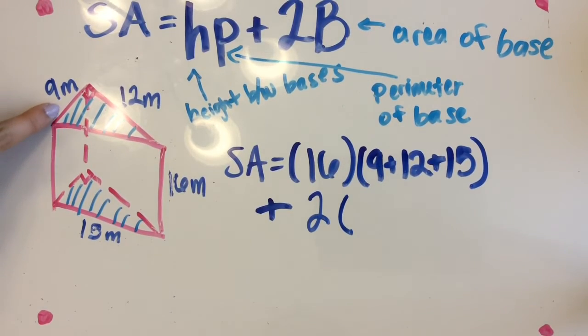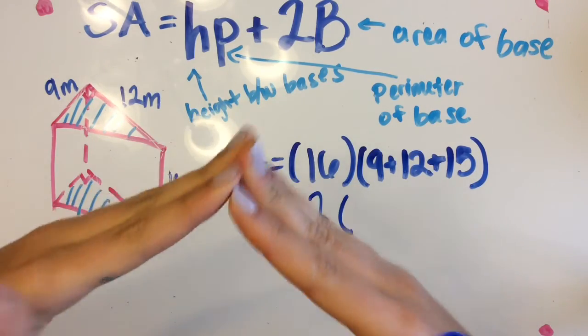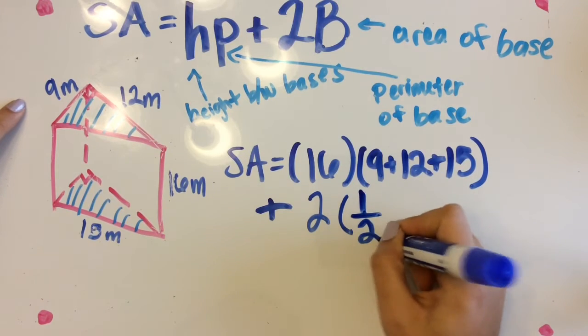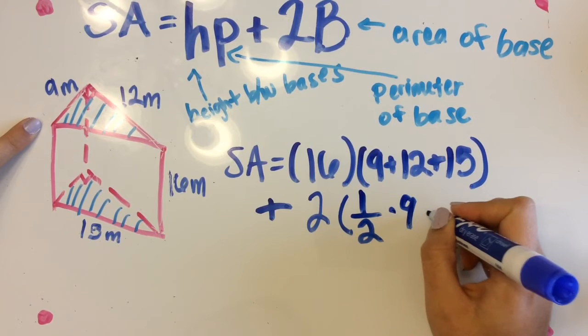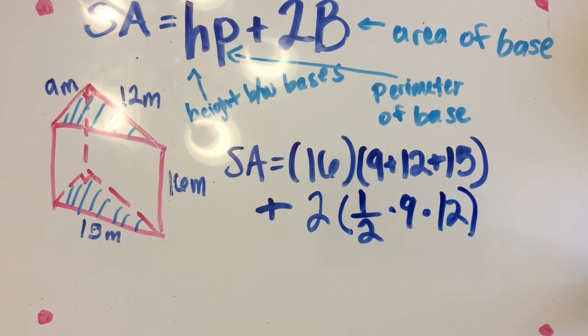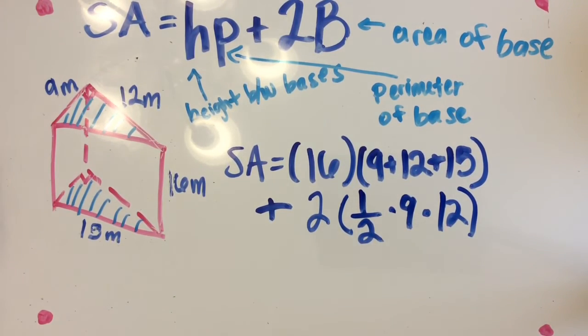So the height of this triangle is 9 meters and the base is 12 meters. So 1/2 times 9 times 12. That is how I find the surface area of a triangular prism. That's my shortcut formula, which takes a long time, but it's still my shortcut formula.